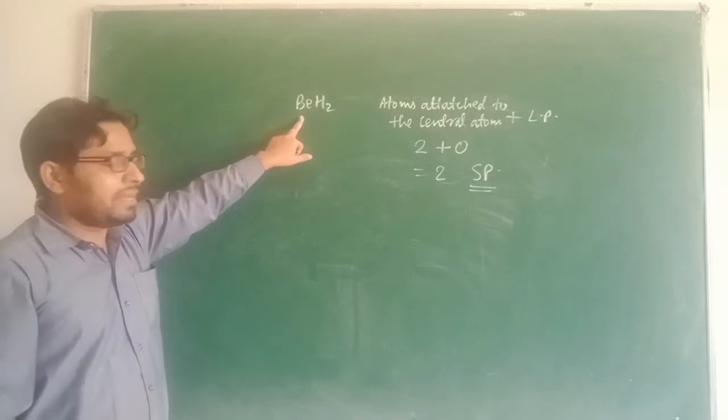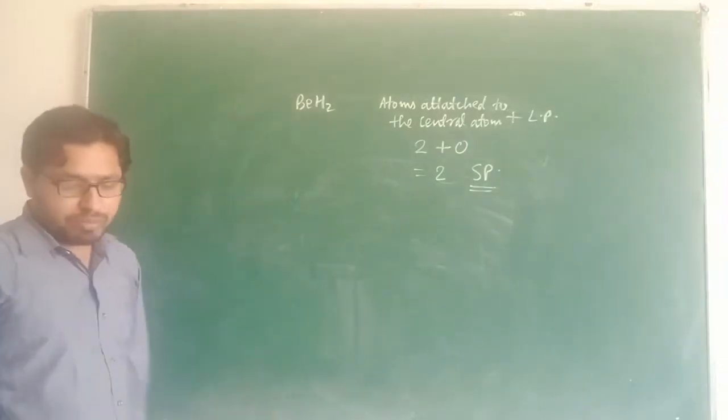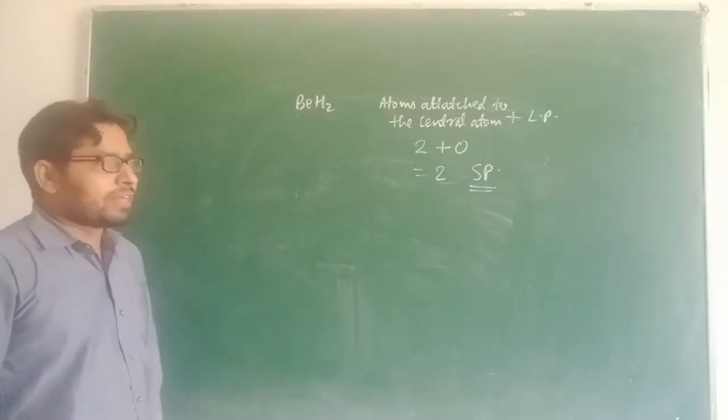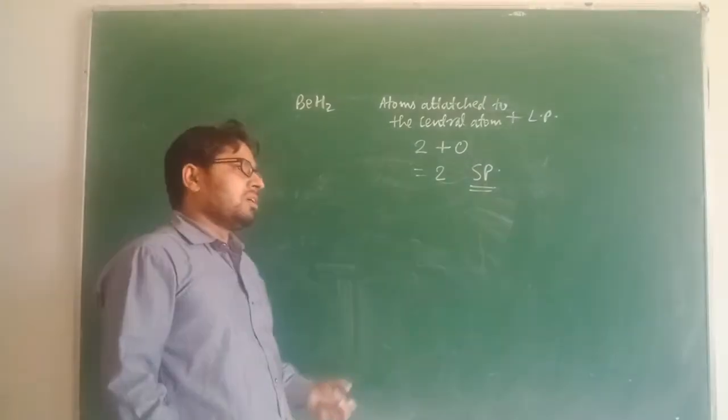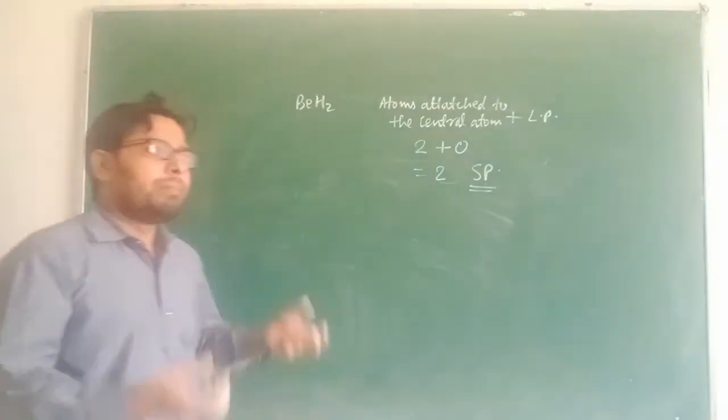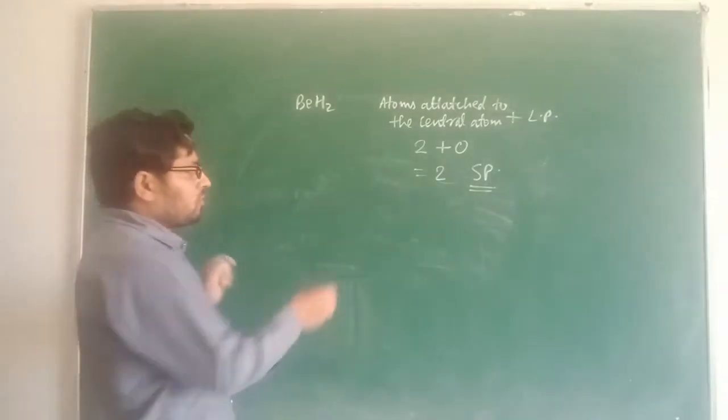Now let's see what will be their shape. If you discuss their shape, what will it be? As we know, in hybridization they are going to arrange in such a way that the repulsion is minimum. Suppose this is the beryllium.